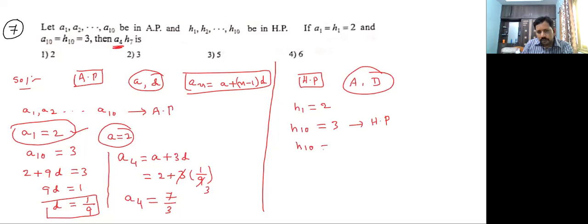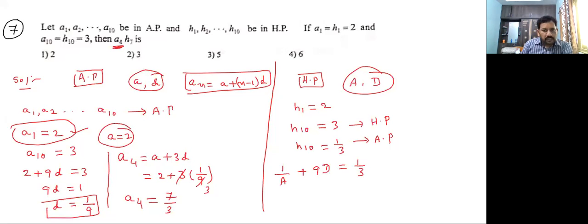The reciprocal of H10 is 1 by 3. This is in AP series. Okay, now first term is 1 by A, the reciprocal, plus 9 into D. 9D is equal to 1 by 3.